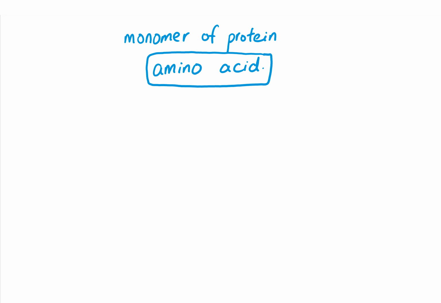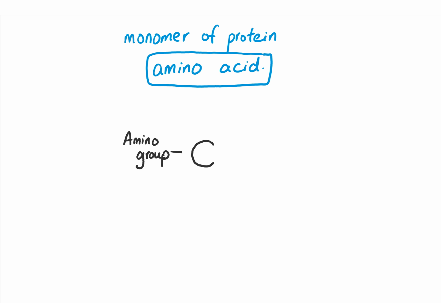It is actually made of a carbon being the central atom, attached to 4 different groups. The 4 groups attached to the carbon are what we call the amino group, hence amino acid gets its name.